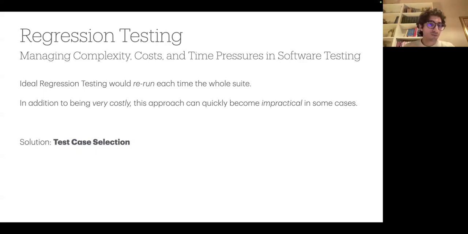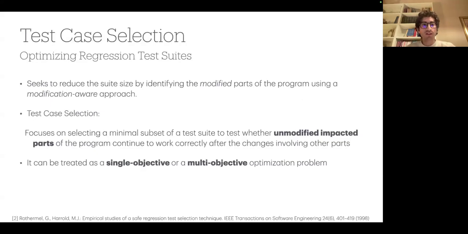In particular, I focused my work on test case selection. What is test case selection? Test case selection is an optimization algorithm which focuses on selecting a minimal subset of a test suite to verify whether the unmodified impacted components of a program continue to work as expected after a change involving other components.